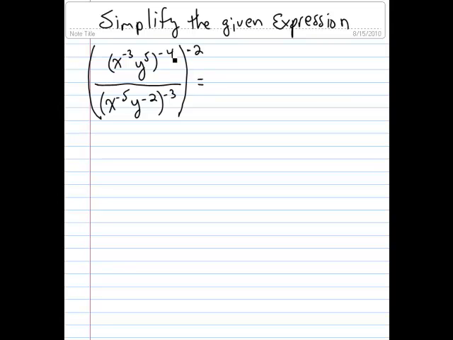That negative 4th applies to both of those, so we get x to the 12th times y to the negative 20th divided by, again, this negative 3 on the outside of the parentheses will apply to both the x to the negative 5th and the y to the negative 2. So we get x to the 15th and y to the 6th.